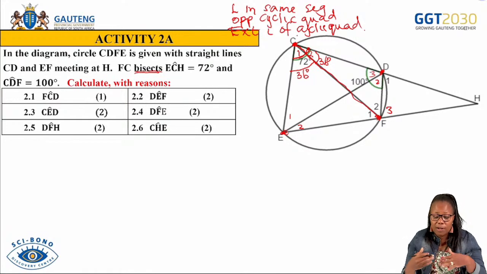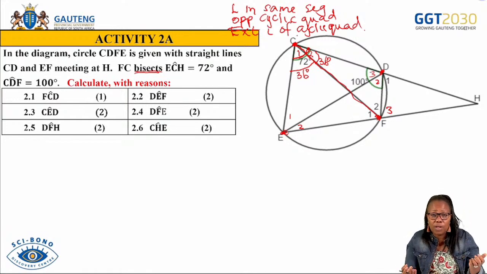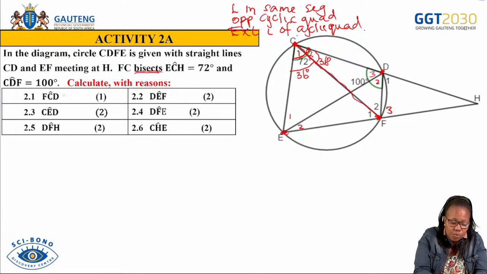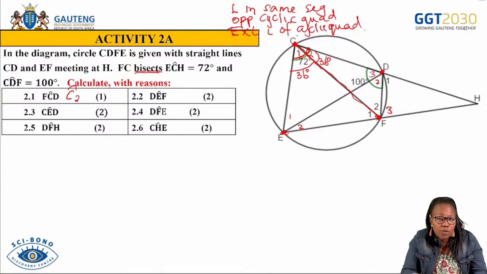And then with D, we have D1, D2. It's up to you, okay? But you must indicate on the diagram sheet which angle you are talking about. And then now here we are looking at FCD. That means in our new numbering, we are talking about C2 now.